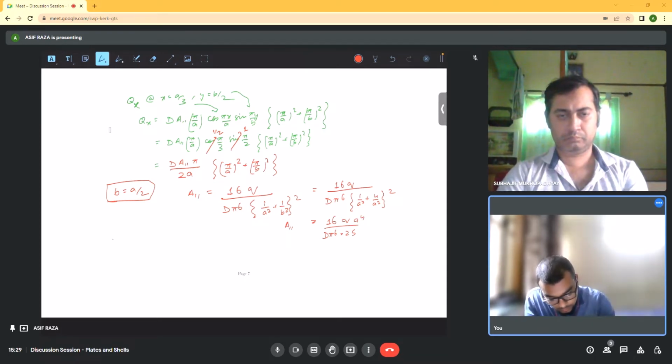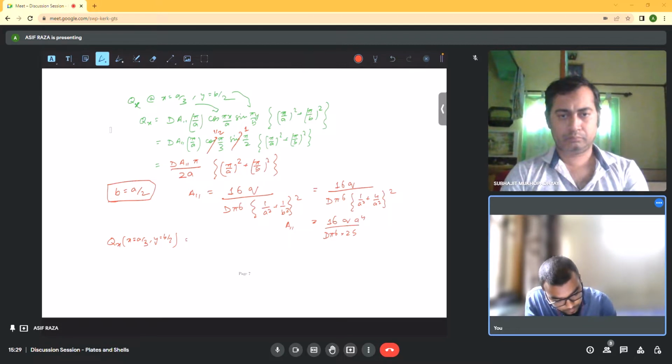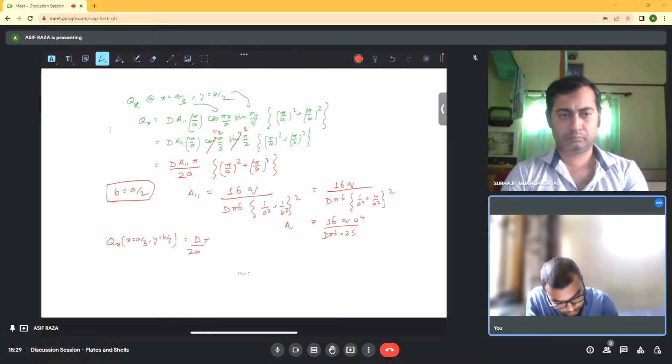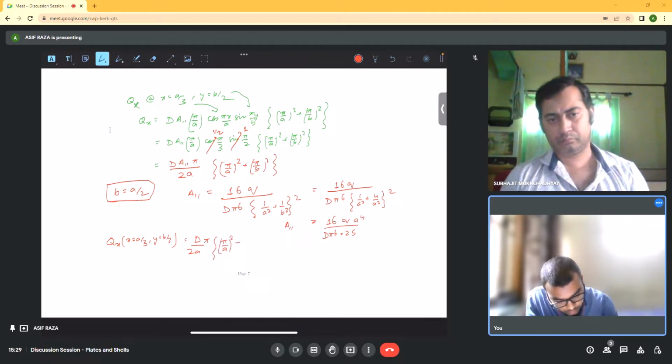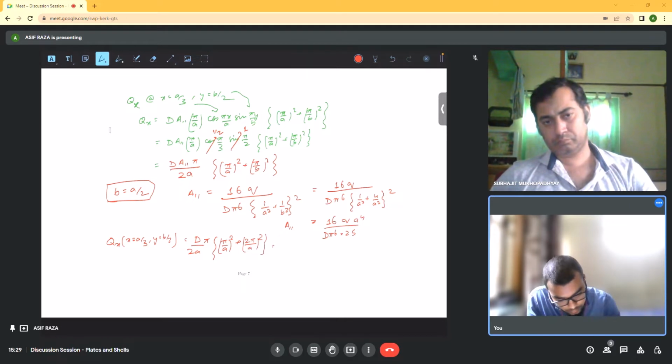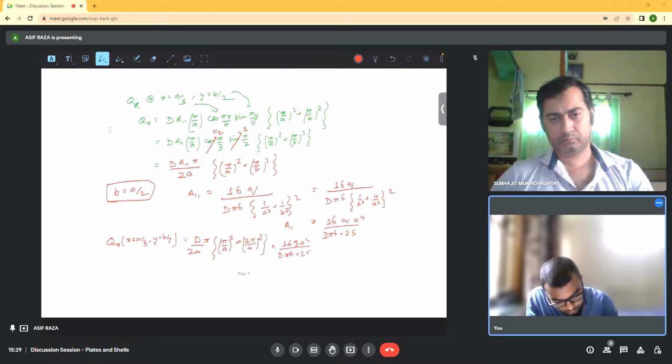Substituting it, finally we get the value of Qx at x equal to a by 3 and y equal to b by 2 as D by 2a times π by a whole square, times 16 q a to the power 4 D by π⁶ 25.